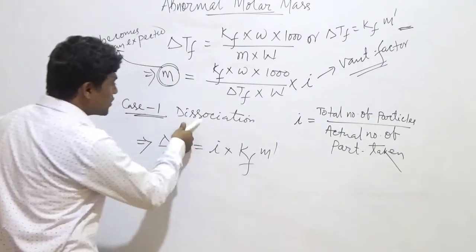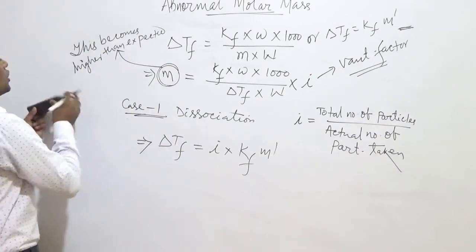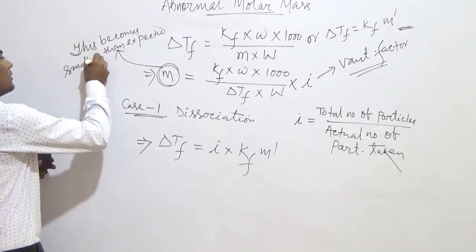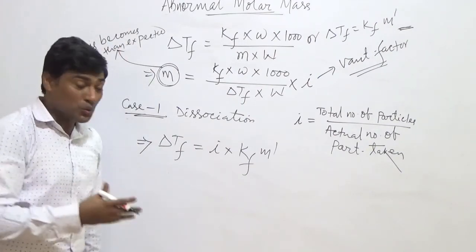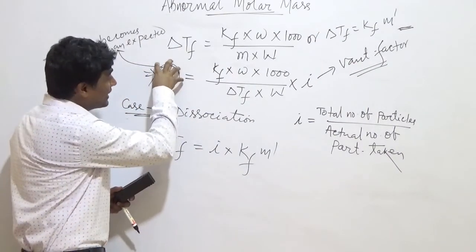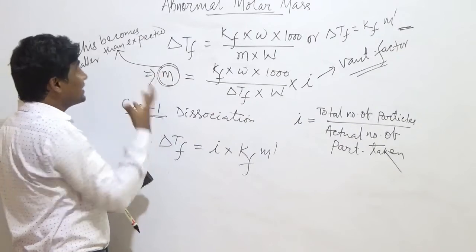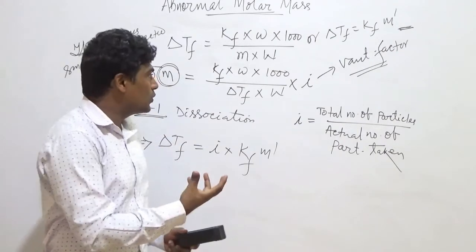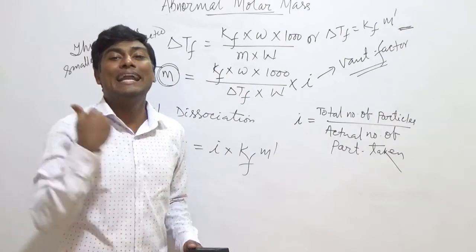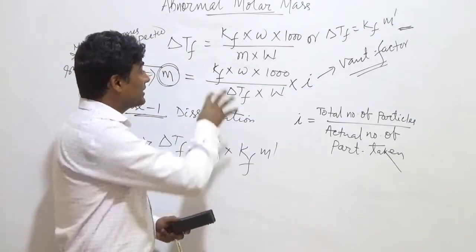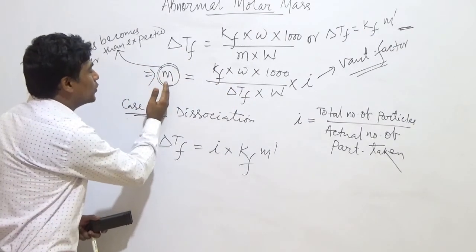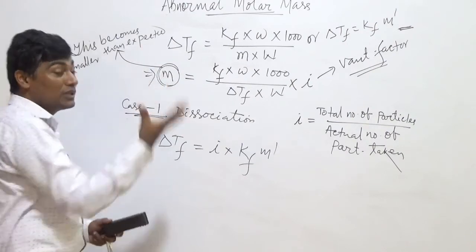So, for dissociation, molecular mass will be smaller than expected. To get the true value, multiply a factor that is greater than 1, and when multiplied, that will increase the value of the molecular mass to the true value.